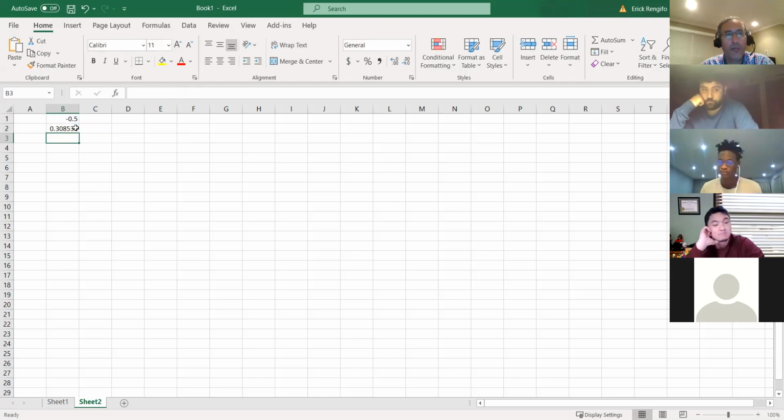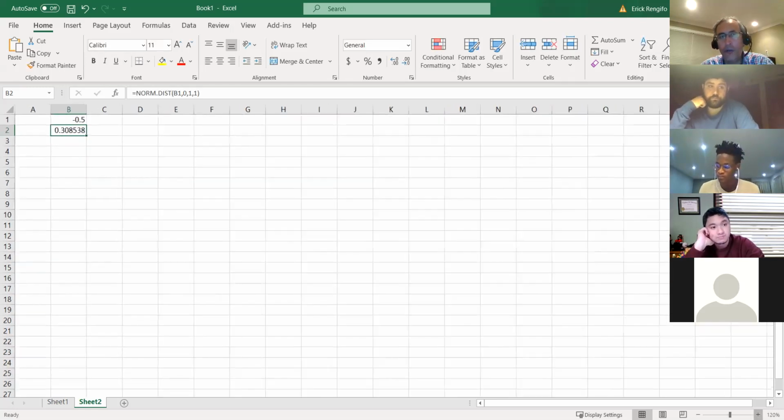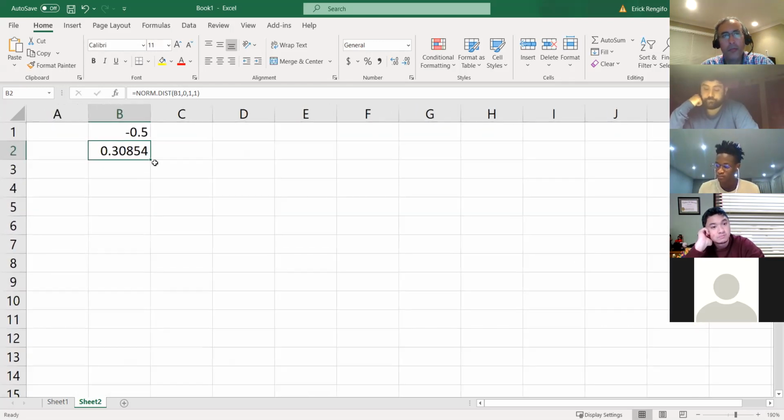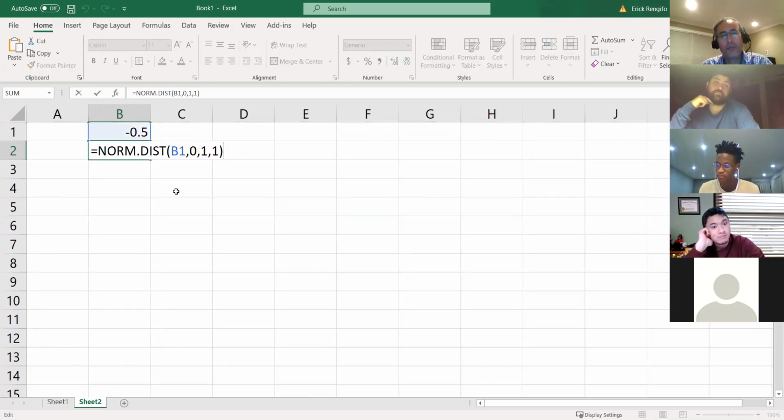So let me move this and make this bigger. What I'm looking for is the normal distribution up to the point minus 0.5. My mean is 0, my standard deviation is 1, and I want the cumulative because I want to go from minus infinity up to minus 0.5. That's what I'm trying to find.